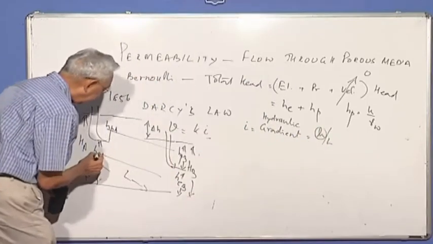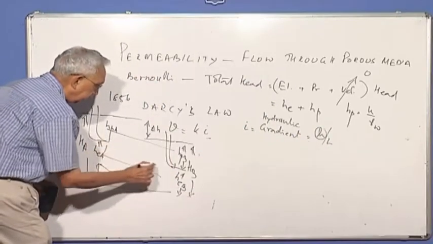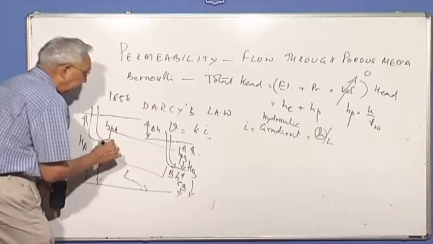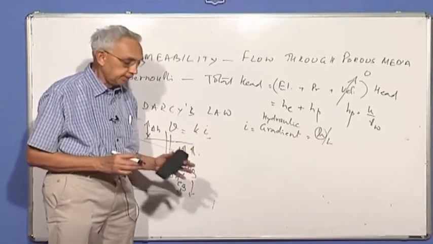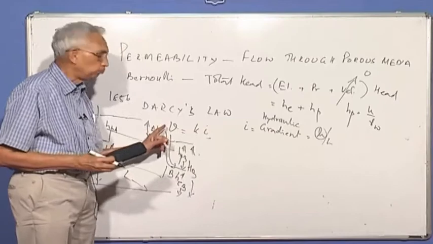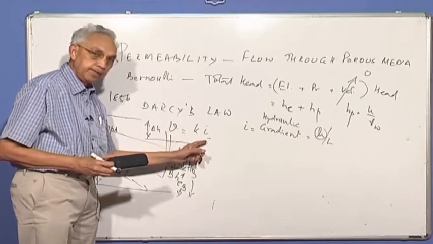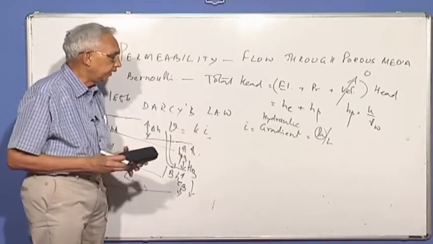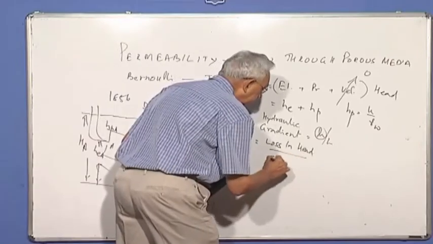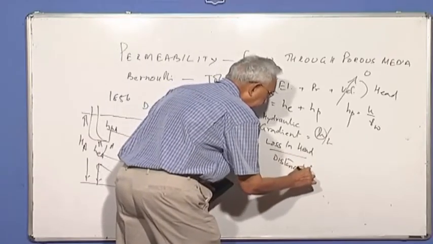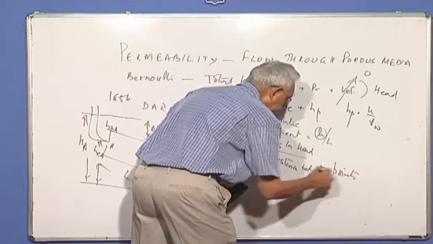And I divide by the length between point A and point B, and that is what Darcy says: the velocity of flow is proportional to the gradient. I defined it as loss in head divided by distance between the points, or you can say distance of travel.